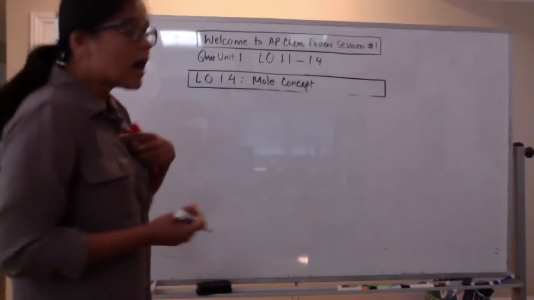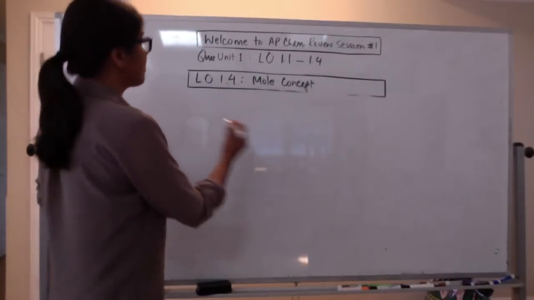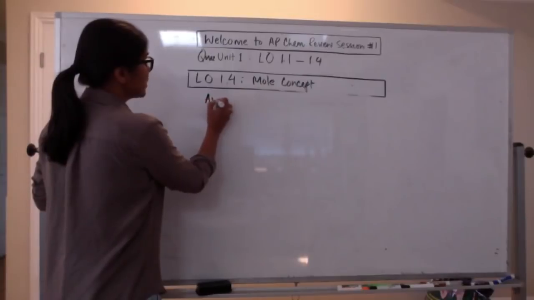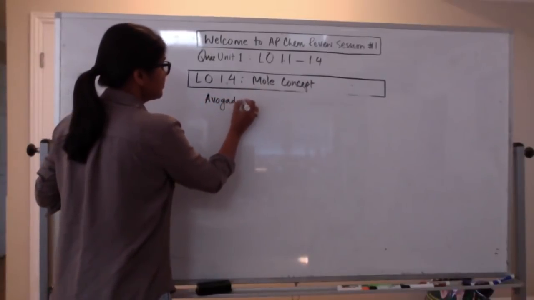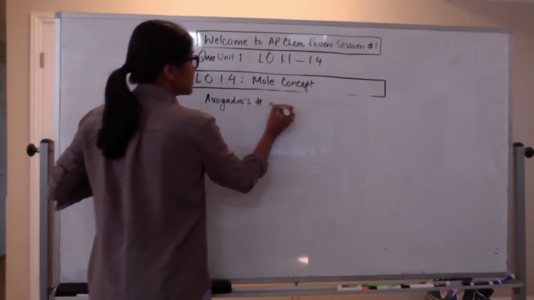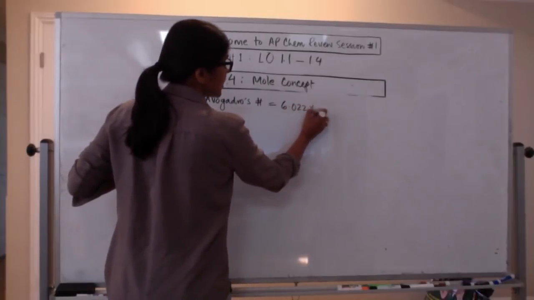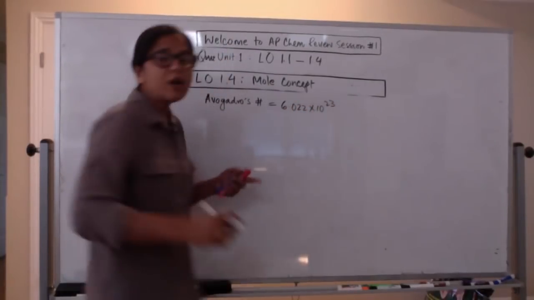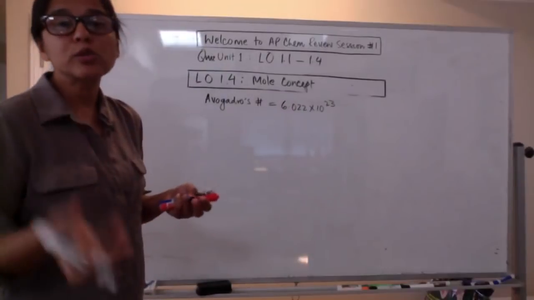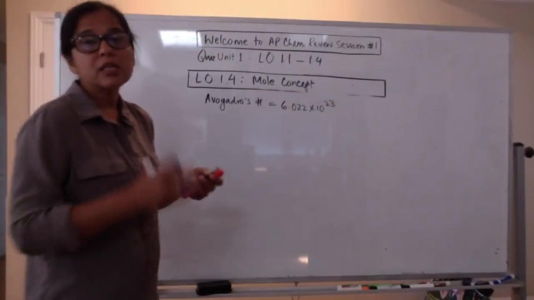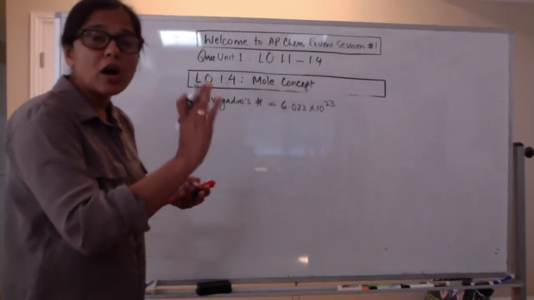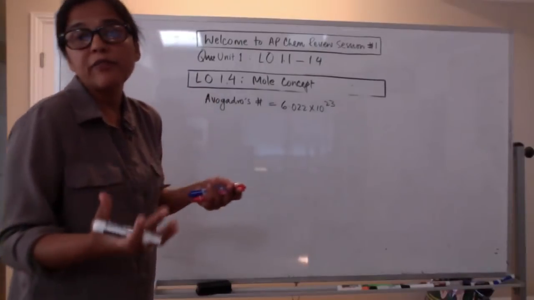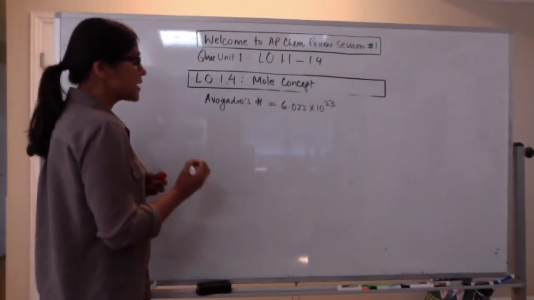So our chemist's dozen is actually a very big number. It's Avogadro's number, and it is 6.022 times 10 to the power 23 of anything. It could be atoms, molecules, ions, formula units, whatever. That's why the mass of a mole of substance will vary depending upon what the substance is.